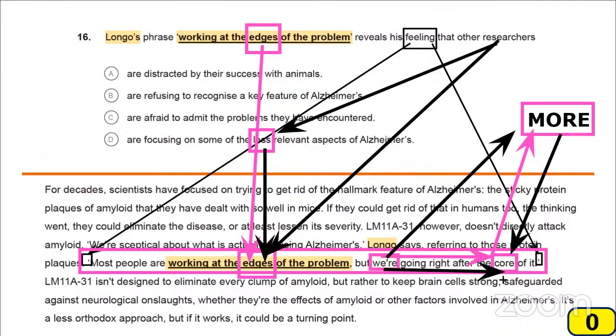They are playing safe side. We are going into the more critical part of the problem. Okay, more relevant, less relevant. Edges is less relevant and central is more relevant. If you appreciated the explanation, give your appreciation that you understood.